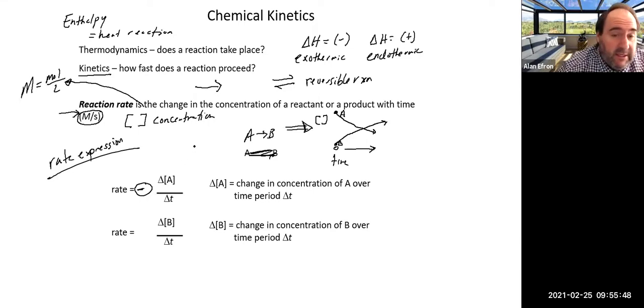For the product side, we could write a similar rate expression, where the rate is equal to the change in the concentration of B over the change in time. There is a difference between these two: one is negative and one is positive.